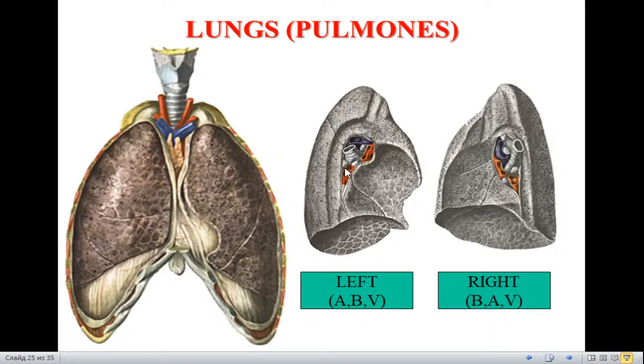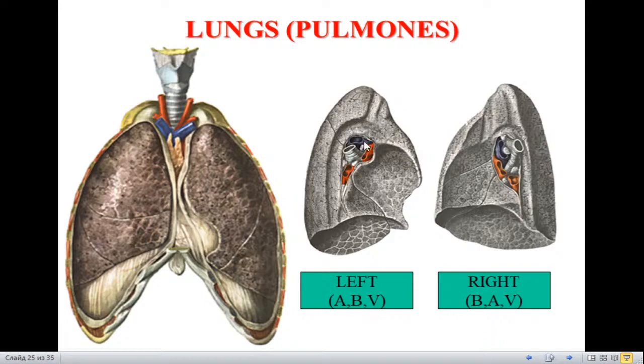So because of the processes of gas exchange in the lungs, the pulmonary artery enters the lungs and the pulmonary vein exits the lungs, the same as the main bronchi enter the lungs. These structures got the name hilum of the lungs, and they are different in the right and left lung.